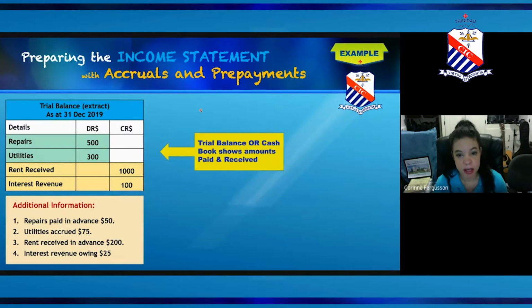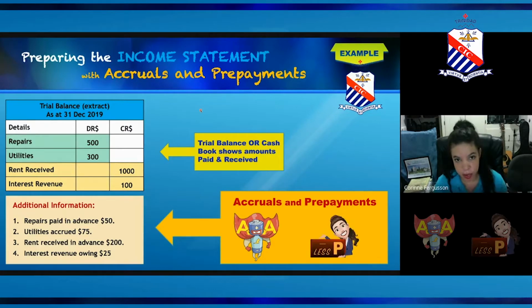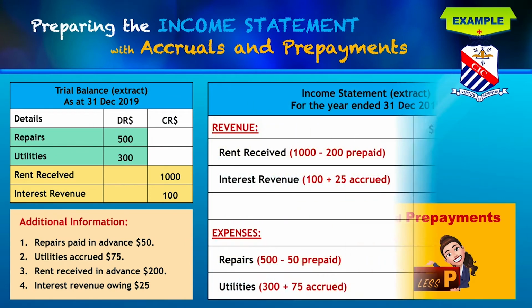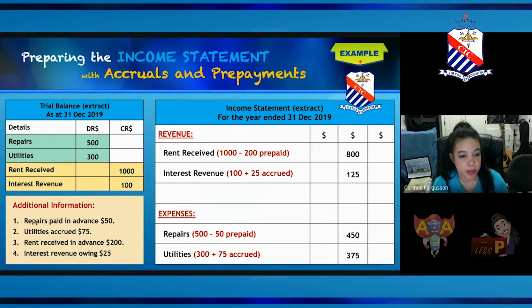The trial balance in this case shows the amounts paid and received, and the notes show whether it's an accrual or a prepayment. So once again, what we're going to emphasize: you add your accruals, you less your prepayments. This is what we ended up with. Repairs paid in advance, $50.